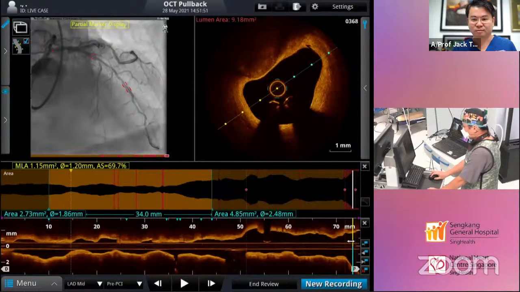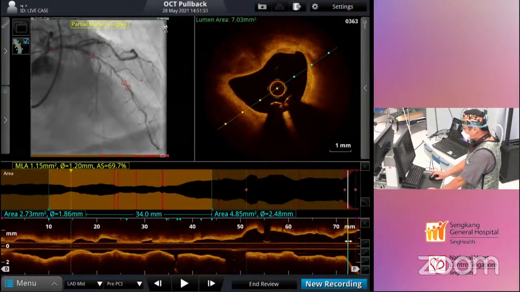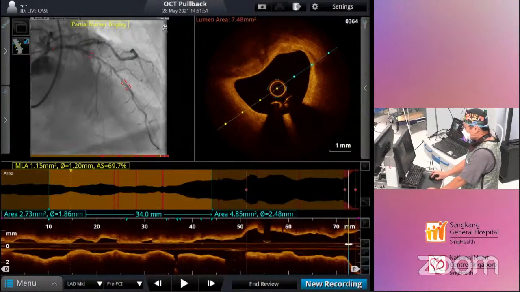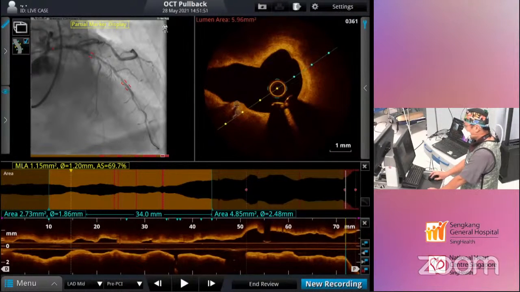Okay, so what you're seeing here is the OCT pullback of the LAD pre-PCI. The pullback starts somewhere where my cursor is pointing. We have the angio registration here in the top left-hand corner, the OCT cross-sectional view here, and then the longitudinal views at the bottom of the screen. One of the things that Professor Akasaka always teaches, and I've always remembered, is that if you're imaging from the LAD, try to position the circumflex at the 9 o'clock position.